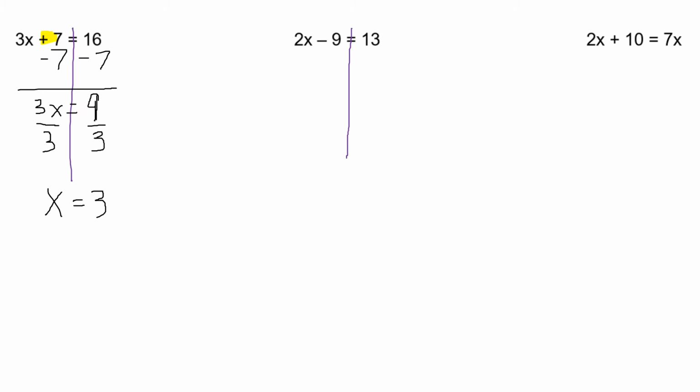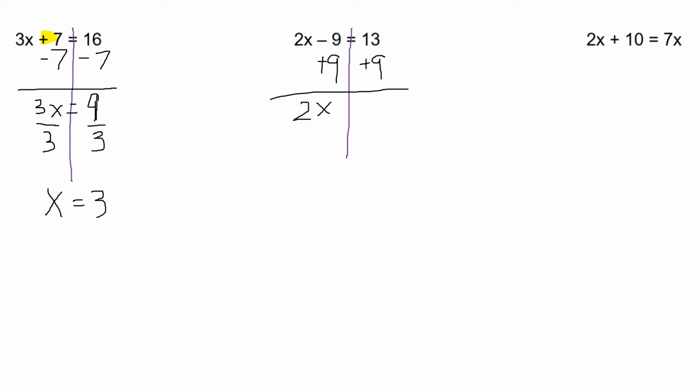constants. And since they're on different sides, we have to move that negative 9 to the other side. And the opposite of subtraction is addition. So we're going to add 9 to both sides. We're going to bring down that 2x.